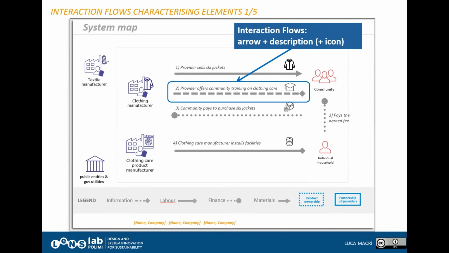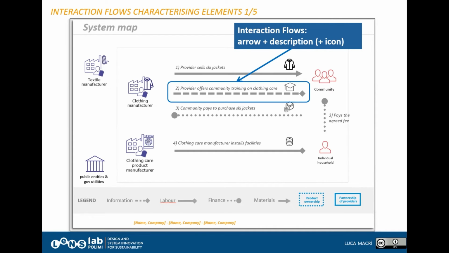So in the example you see there, the clothing manufacturer sells ski jackets to the provider, for example, which is the upper part; the part below is offering community training on clothing care, and there is the icon of training. So again, visually, it's very clear at first glance what is moving from one stakeholder to another and in which way.